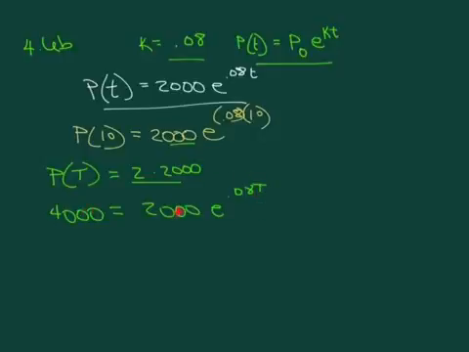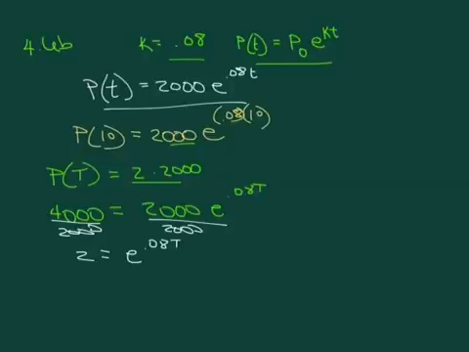We want to find out what t has to be to make this equal to 4,000. Alright, so again, we divide by 2,000, and you will always, always, always, when you do this, get 2 because you doubled it. Okay, so then we get e to the 0.08 T. Capital T to remind you that you're doubling.